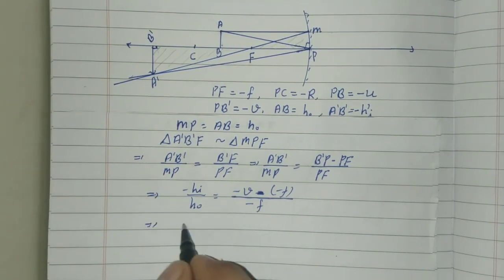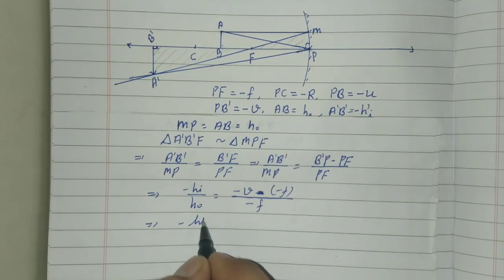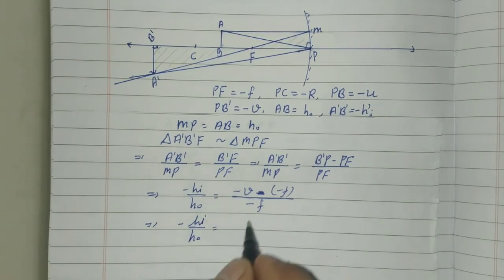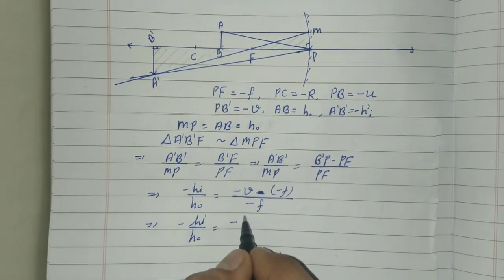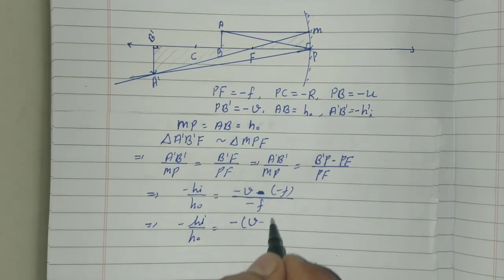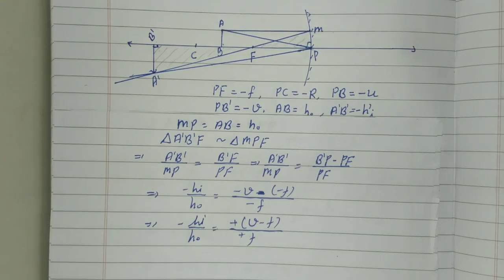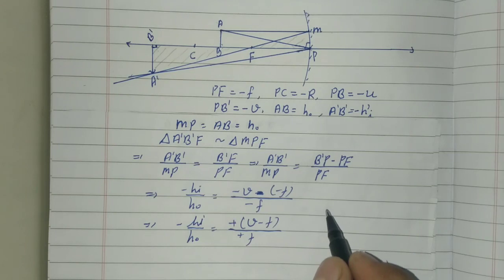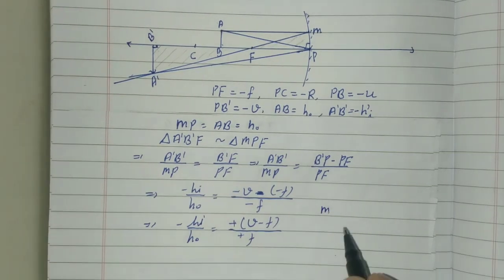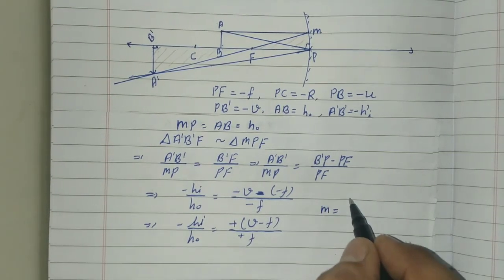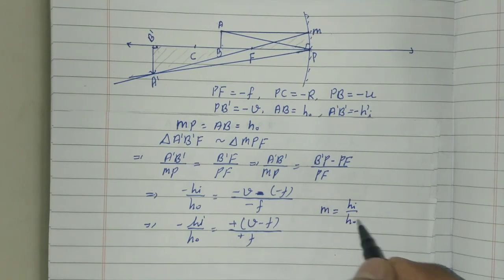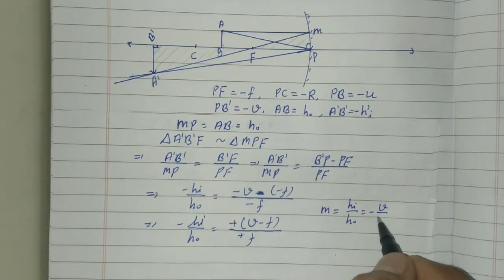Now we will have minus hi upon h0 is equal to minus v minus f upon minus f. Minus and minus cancel. Now according to the first equation, the formula of magnification, we have m is equal to hi upon h0 is equal to minus v upon u.